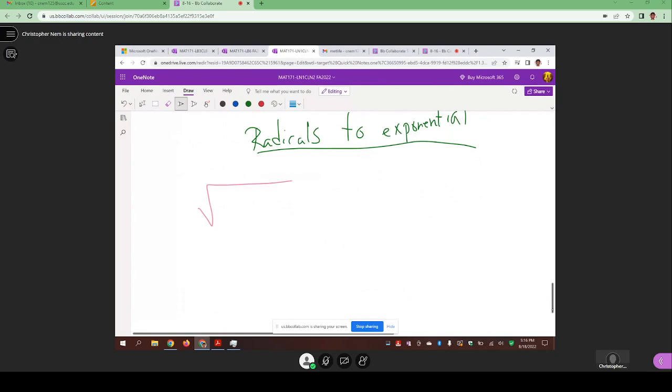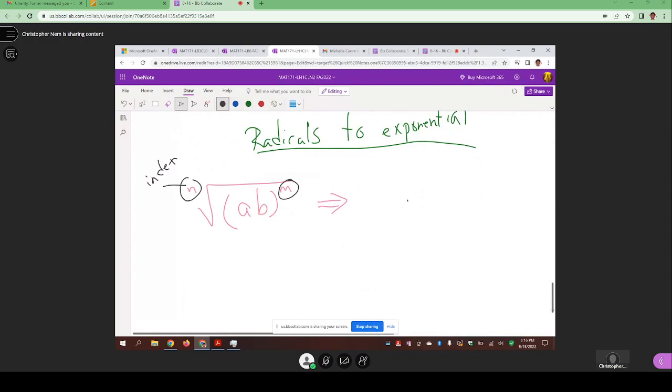Let's say the nth root of a, I'm just going to do a b, raised to some m power. All right. If I'm going from radicals to exponential, your index is your denominator. This will be your denominator, index. And this will be your numerator.